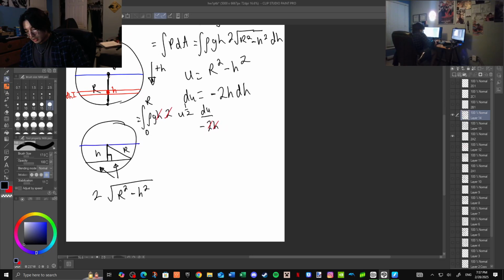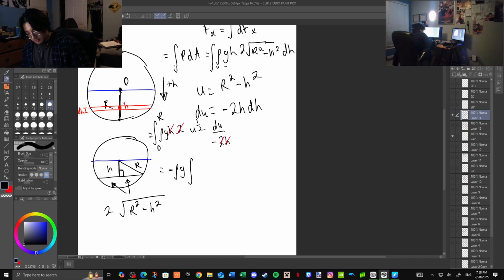But those bounds will actually change when we rearrange this integral. Because we move that negative sign and also rho and g to the outside of the integral, and because we're using a new variable, instead of h we're going to be using u, so we have to change the bounds accordingly.